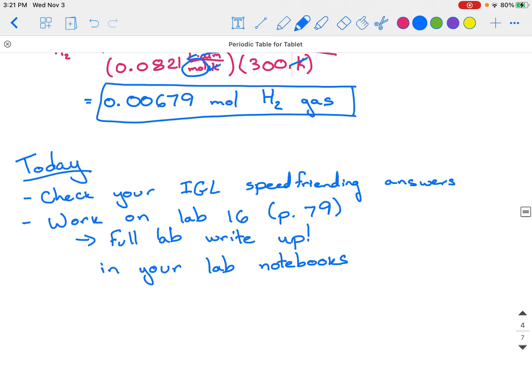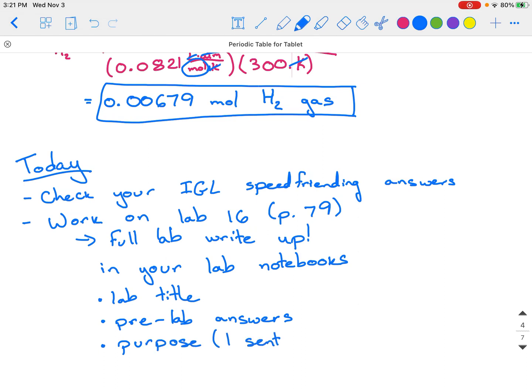In order for this to be a full lab write-up, you will include the lab title, the pre-lab answers. You don't need to put the questions in, you just need to put the answers in, followed by the purpose.